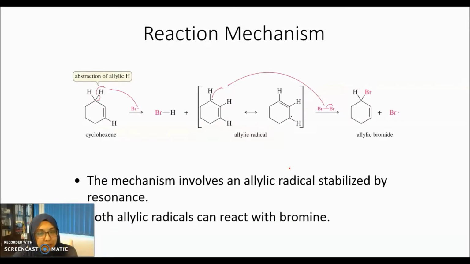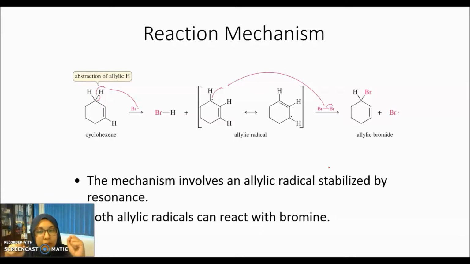The reaction mechanism is quite similar to the mechanism of alkane reaction with halogen, where we have a radical reaction. This mechanism involves an allylic radical stabilized by resonance. If we want to recall, a radical is different from an electron pair, where electrons always occur in pairs. A radical only occurs as one electron, so the electron has been separated.